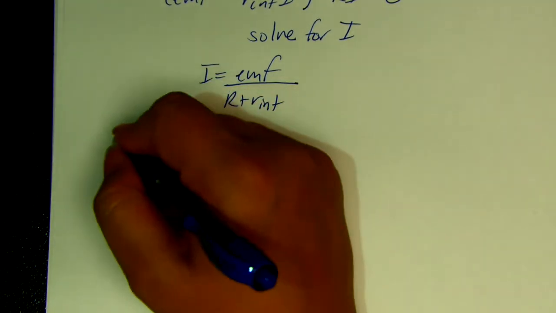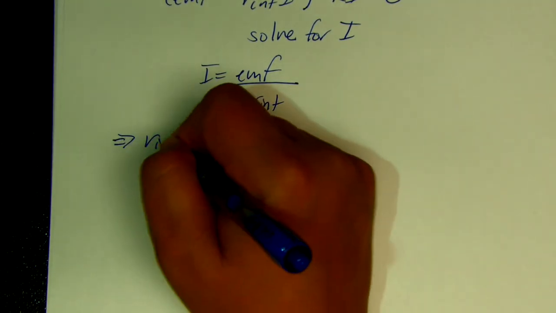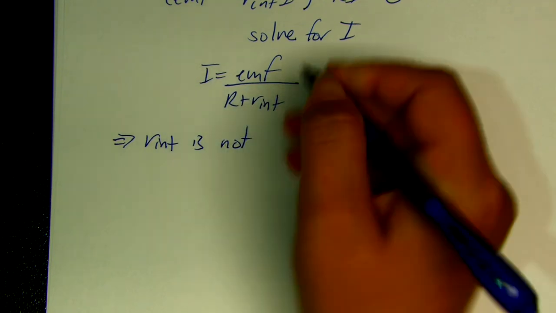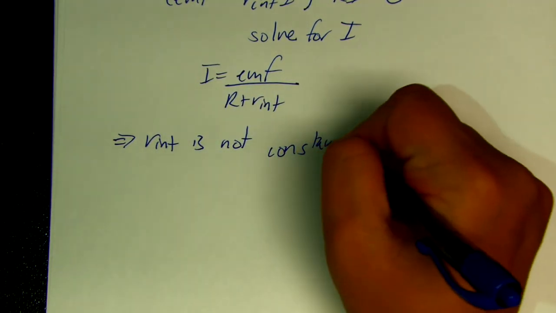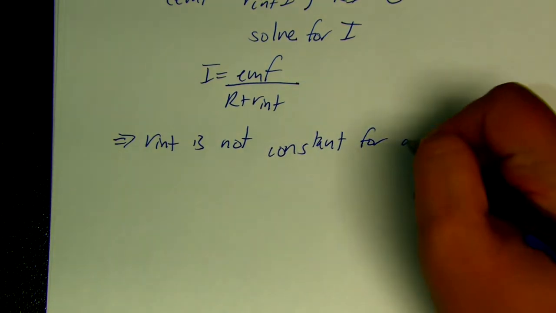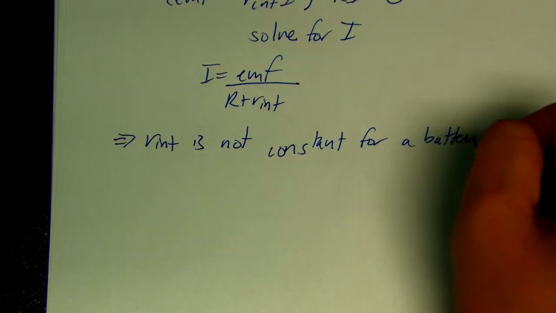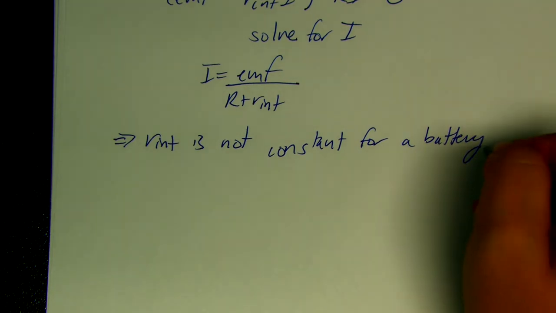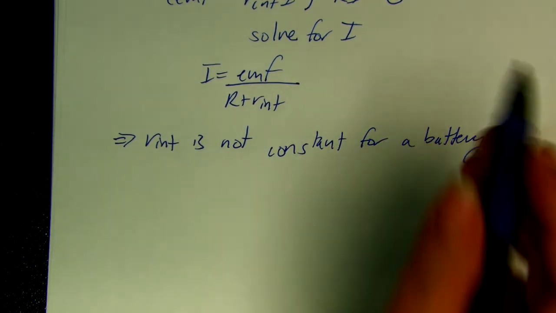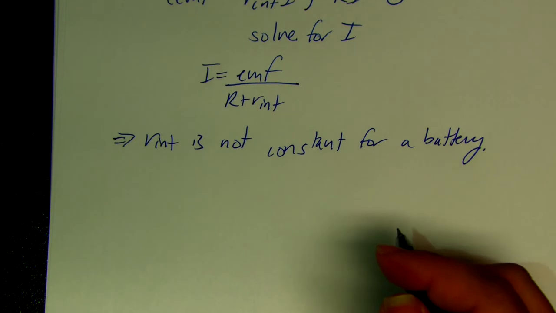And so R internal is not constant for a battery. It is related to other external factors.